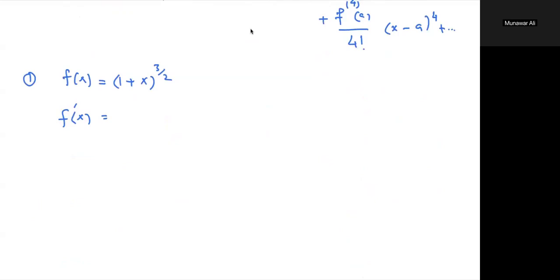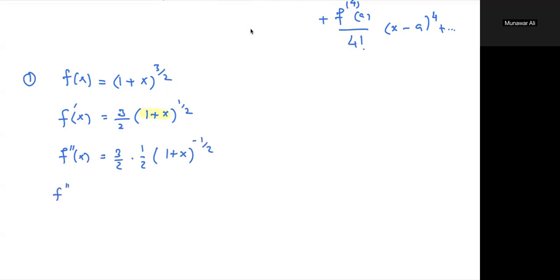The first derivative: you take the exponent down and subtract 1, so it's 1/2. You would multiply by the derivative of the inside function, but the derivative of the inside is 1, so we do not multiply. The second derivative is 3 halves times 1/2, and again you subtract 1, that becomes negative 1/2.